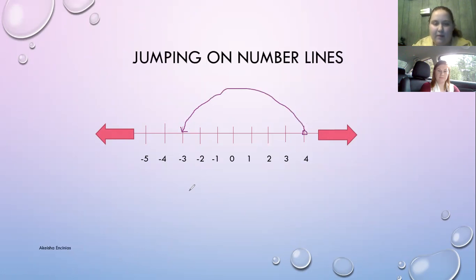So we're at 4, and I'm going to move 7 spots to the left. So -7. And if you see that, it's going to take you all the way down to -3. The same as if I go from -5 to the right, 2. Start at your position of -5, go 2 spots, and you get -3 again.